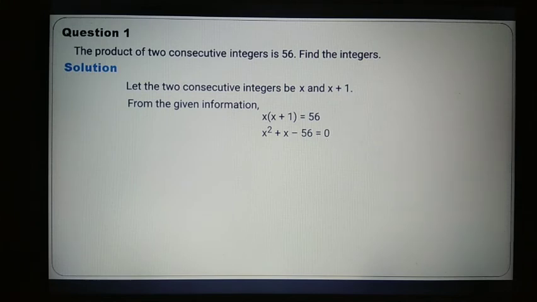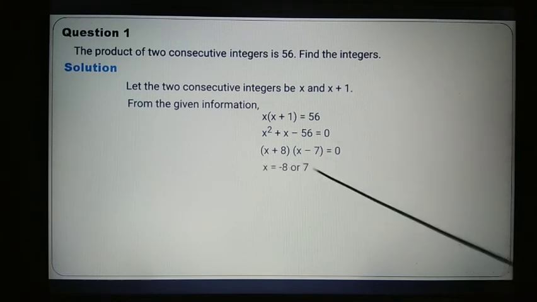You can use the quadratic equation formula, or you can use the middle term break. If you use either method, you'll get the value of x to be minus 8 or 7.